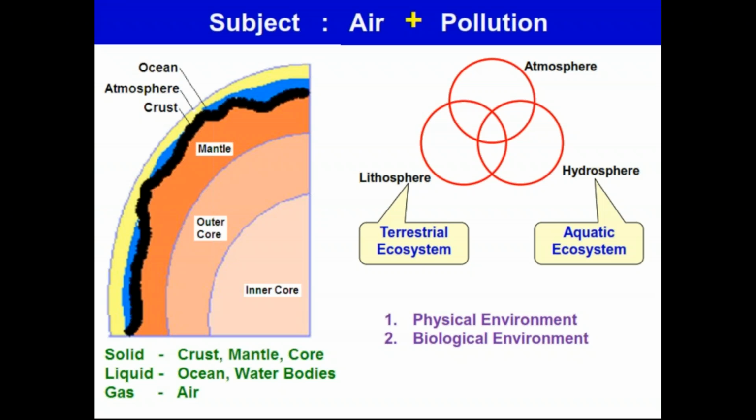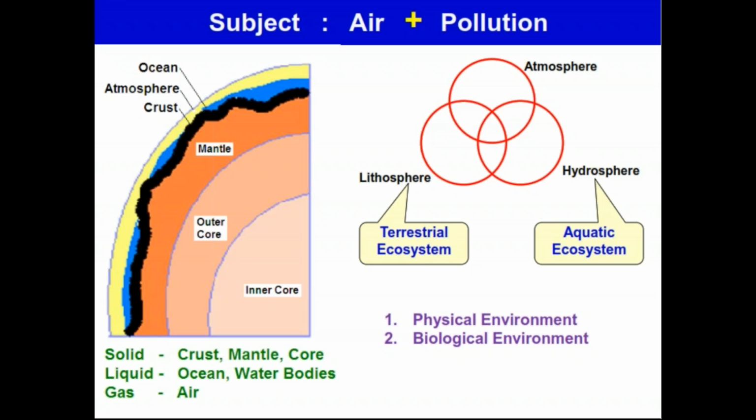Some matter is solid, some is liquid, some is gas, the three physical states. Under this crust, the topsoil has the fertility, meaning agricultural lands are there, and this topsoil has the fertility.